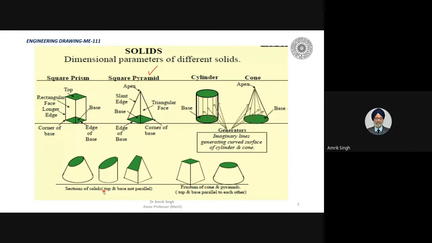Okay. So now, if we cut this at a figure, so if you see here, this will create the frustum, V-shaped section of solids. Okay, and frustum of cone and pyramid when it is parallel. So if you see here, say it is a cone with a circular base.